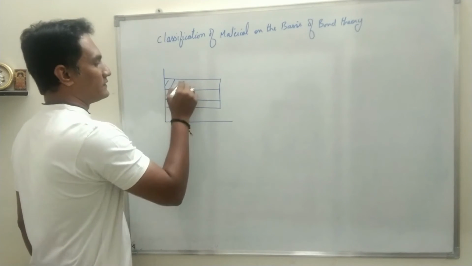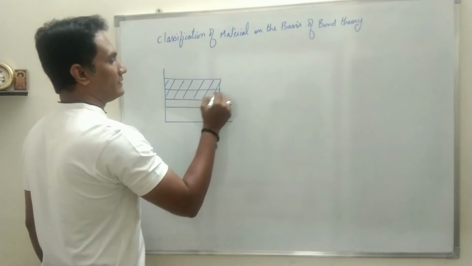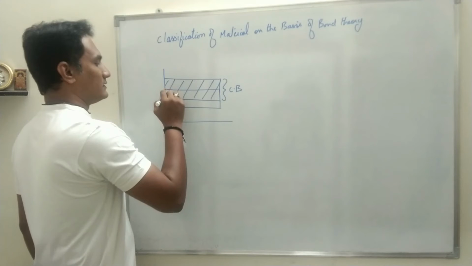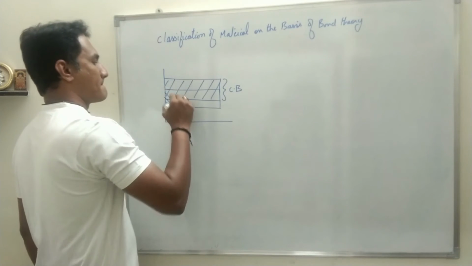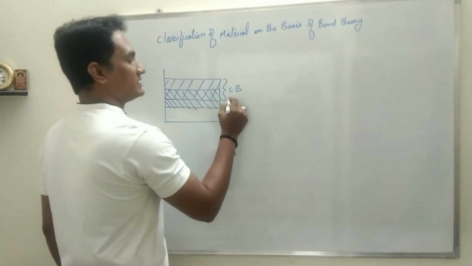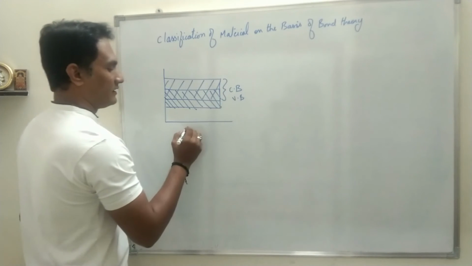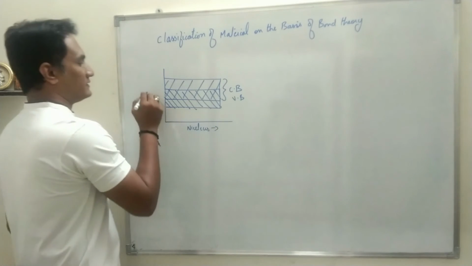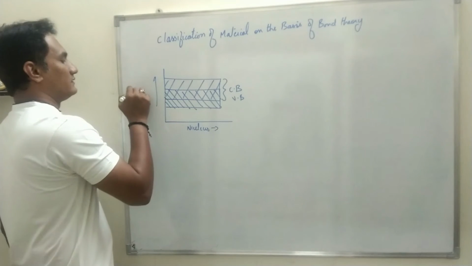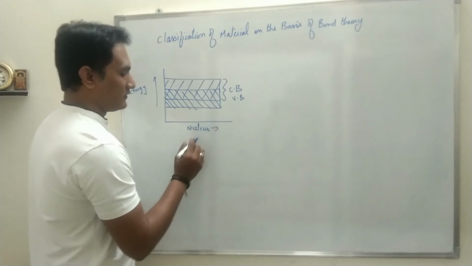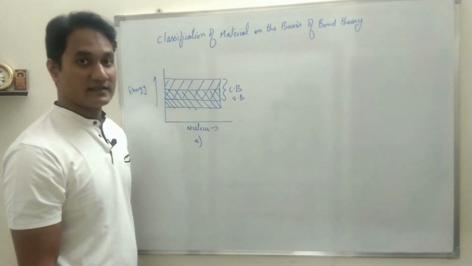Okay, so this is your conduction band and this one is valence band. Of course this is your nucleus and this is the energy associated with it. Okay, so this is the first diagram. Let us name it A.